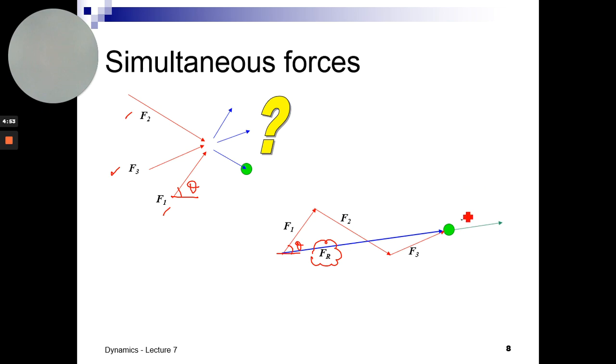The resultant acceleration is in the same direction as the resultant force. It means the sum of forces is equal to ma, where a is the acceleration and m is the mass of the particle. This is the sum of external forces F1, F2 and F3.